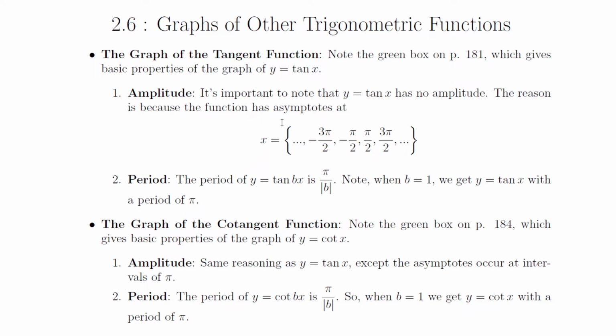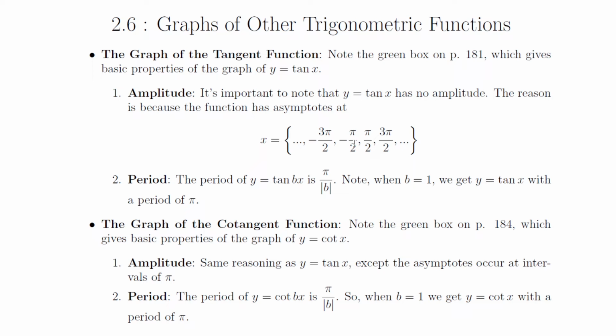For the tangent function, again, take a look at the page on 181. But tangent actually has no amplitude. So if you remember, amplitude is like the maximum value and the minimum value. It's related to how high the curve goes.